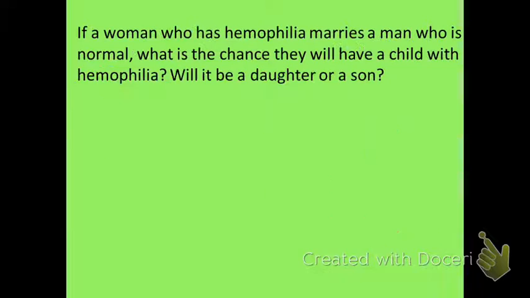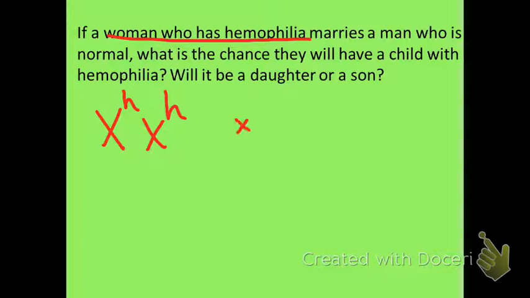Alright, let's work one last example and then you'll have some practice to do on your own. If a woman who has hemophilia marries a man who is normal, what is the chance they will have a child with hemophilia, and will it be a daughter or a son? So we have a woman who has hemophilia, which means she's going to be X little h, X little h, because for a woman to have it, she has to inherit it on both X chromosomes.